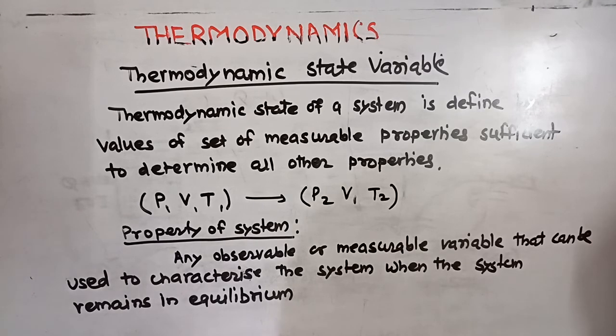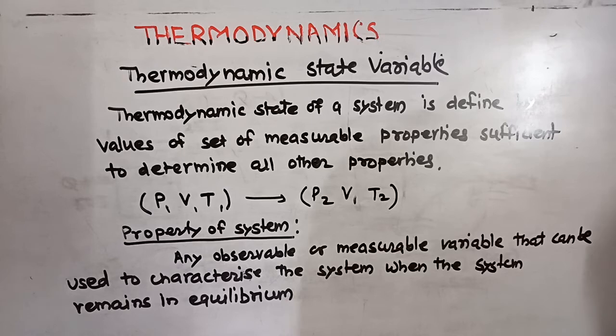What is equilibrium? Equilibrium is a condition in which the system variables do not change, or they do not have a tendency to change with time.